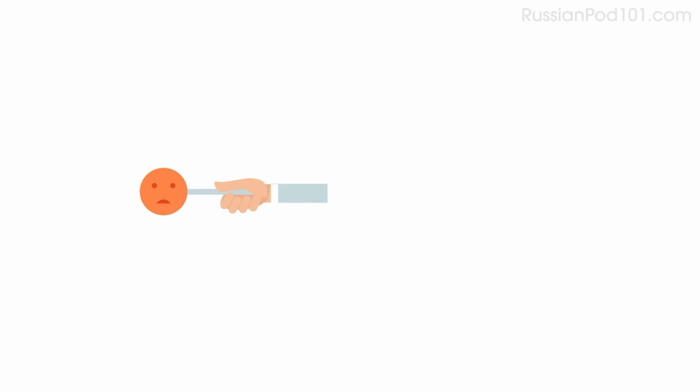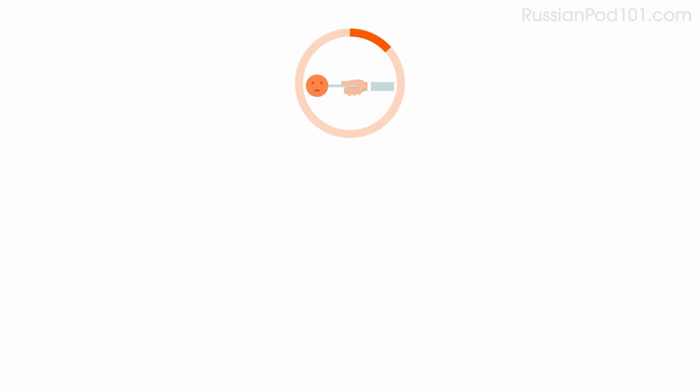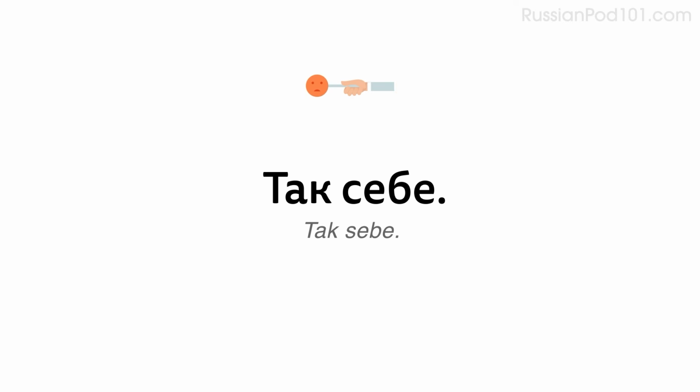Now imagine she's so-so. Do you remember how to say so-so? Так себе. Say, "She's so-so." Так себе. Now, answer the question saying she's so-so.